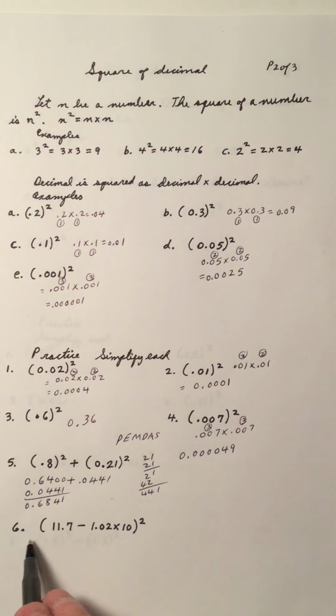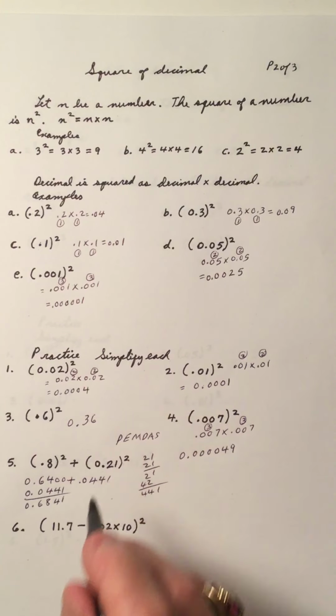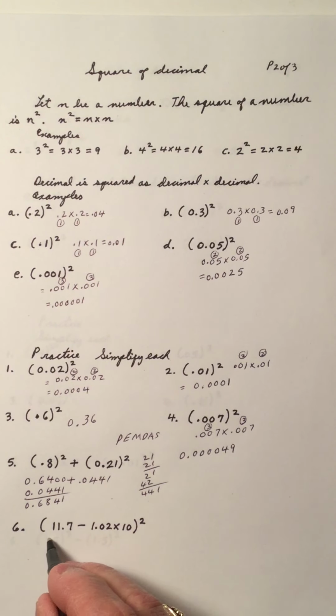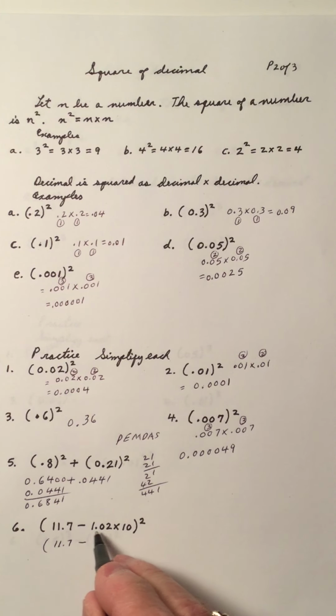Now we look at this. We have to work the inside of the parentheses first. So inside of here we have a subtraction and a multiplication. So we'll multiply first. So 11.7 subtract 10 times 1.02 is 10.2.